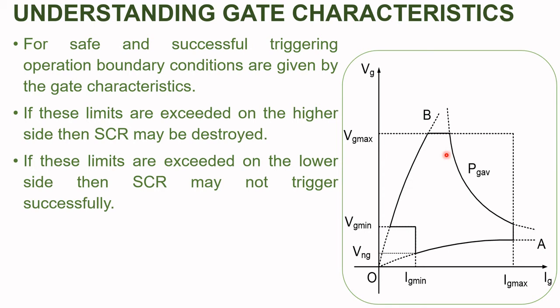If these limits are exceeded on the higher side, then SCR may get destroyed, and if these limits are exceeded on the lower side, then SCR may not get triggered. Hence, we have to follow these limits very strictly.